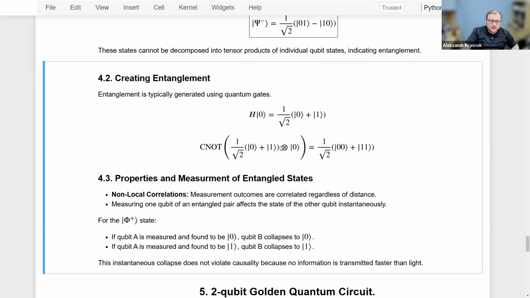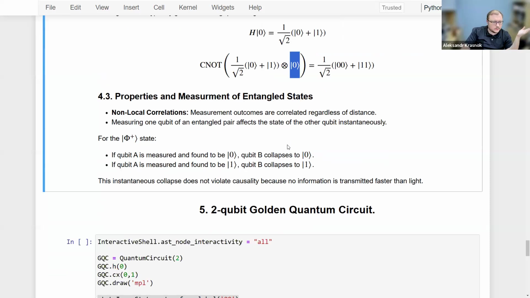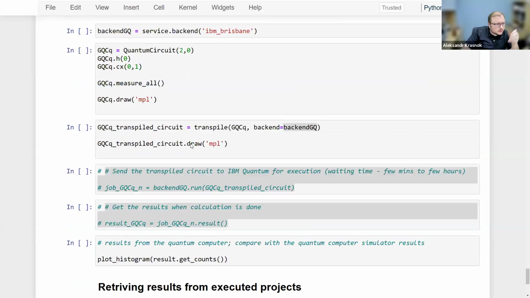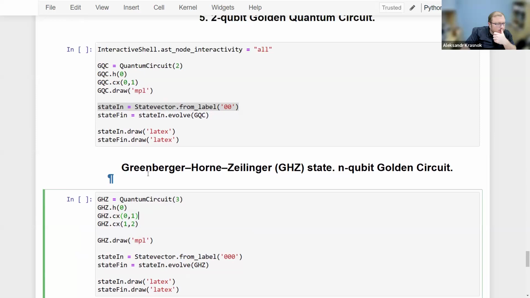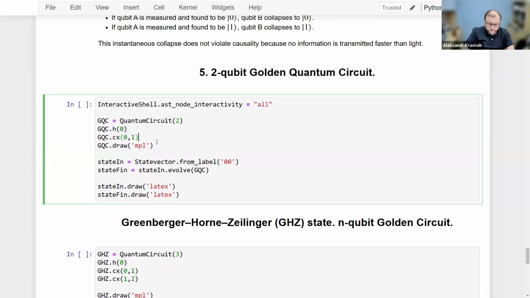And then I apply a C-NOT gate with control connected to my first qubit, which is this one, in superposition. And the target is the second qubit, initially in state 0.